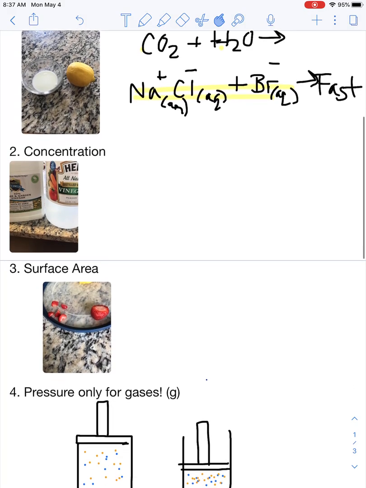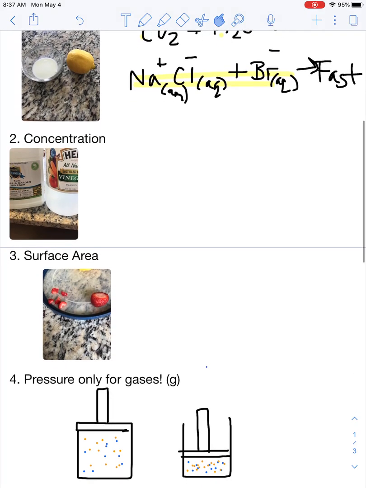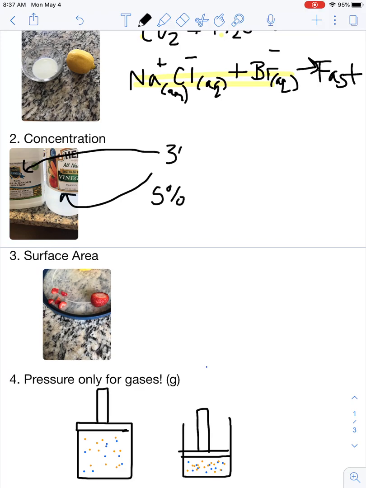Another thing that affects the rate of reaction is concentration. I'm not sure how well you can see this, but here I have 30% vinegar, which you use in your garden. If you have normal vinegar in your cabinet, it's 5%. If I was trying to clean a surface or a window, the one that has the higher concentration would do the job faster.